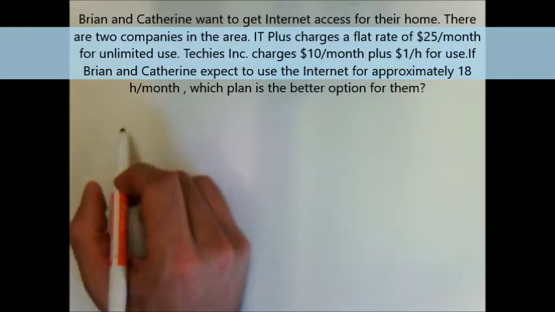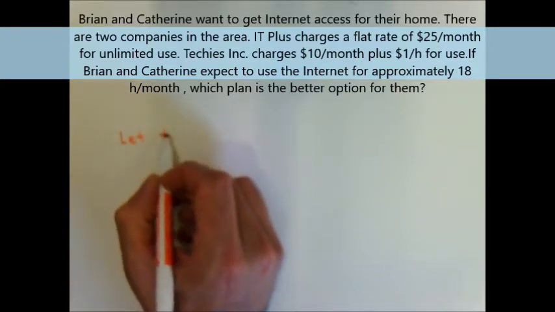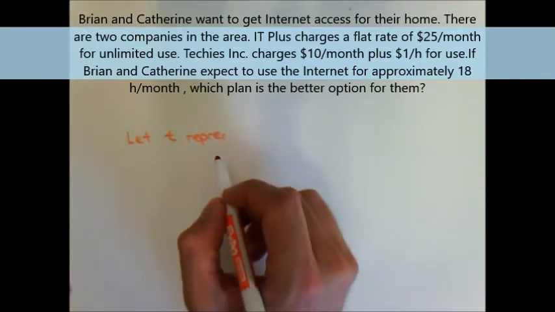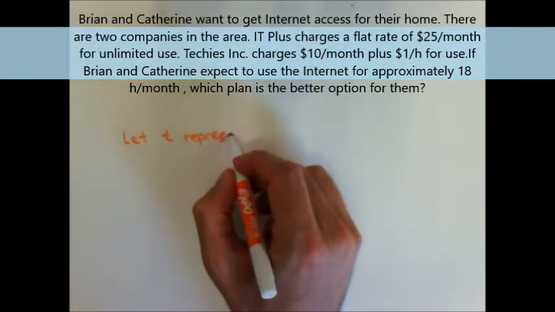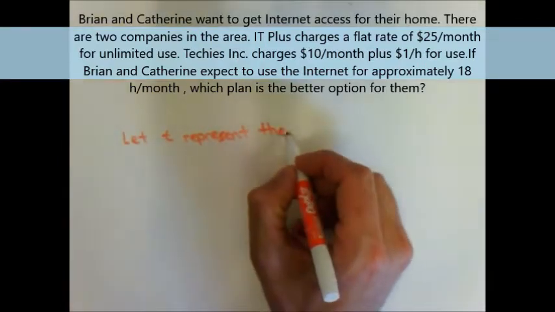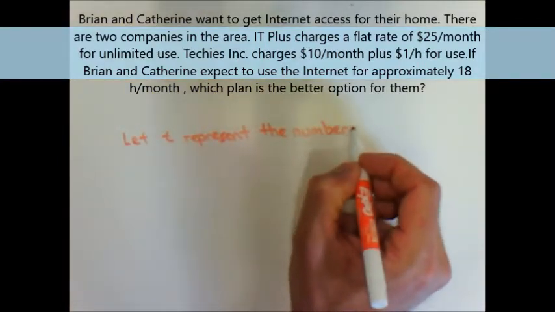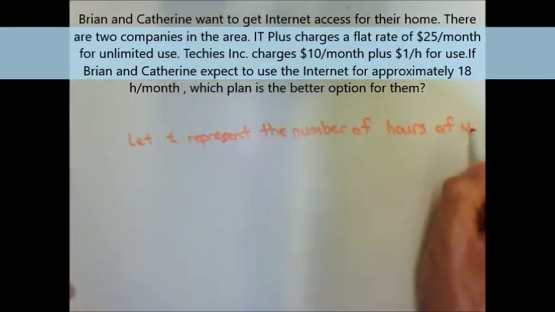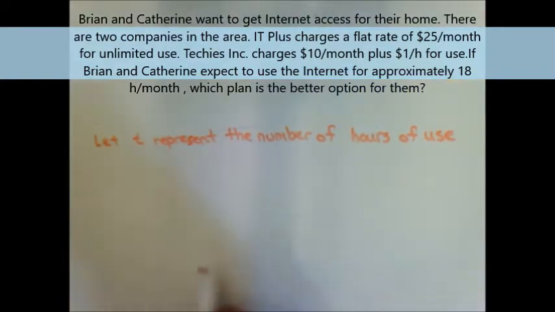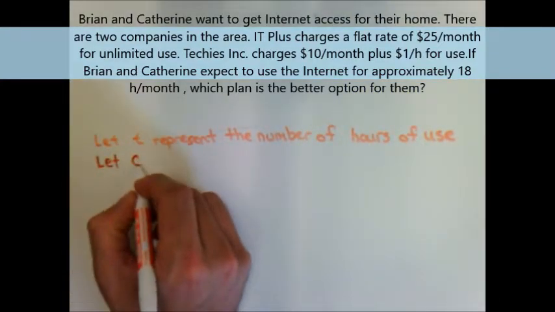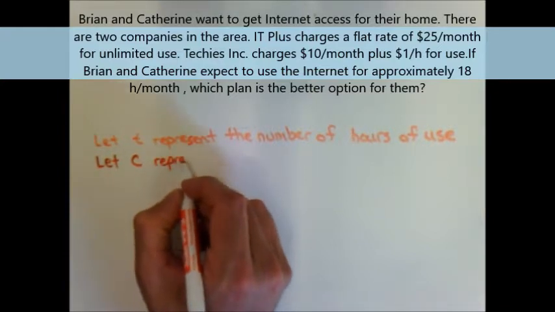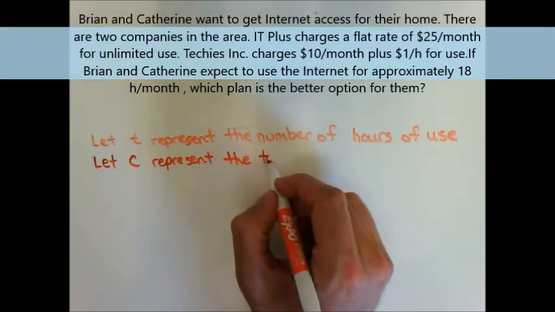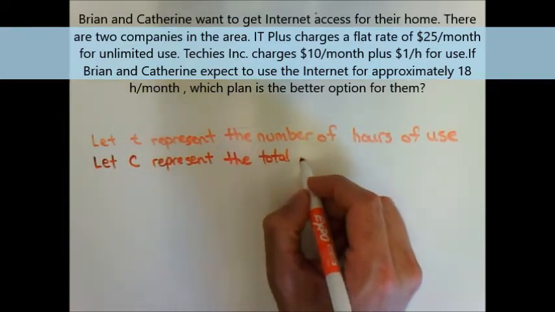Again, we're talking with time, so we're going to let t represent the number of hours of use. And we're going to let C, capital C, represent the total monthly cost.